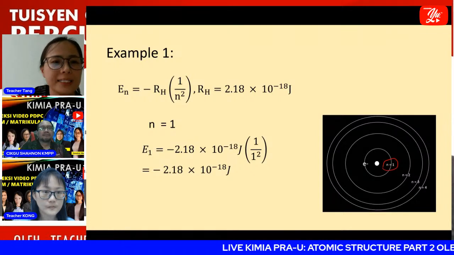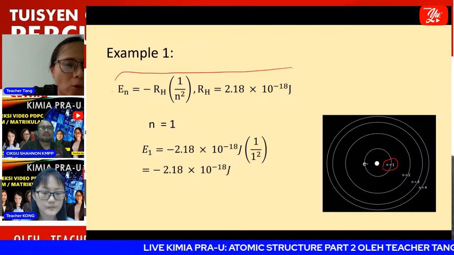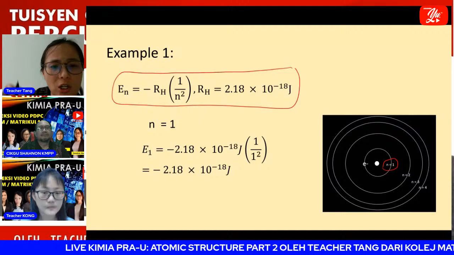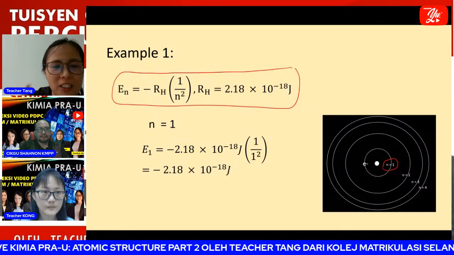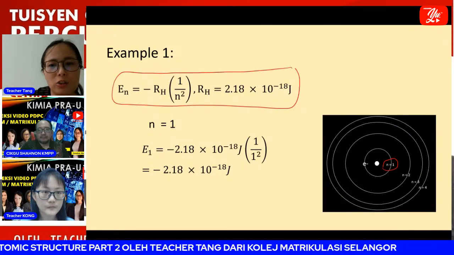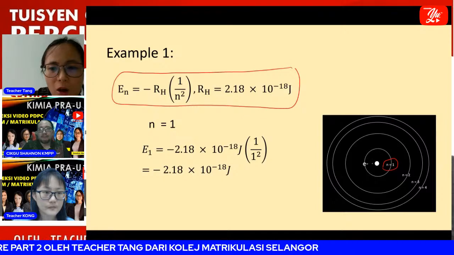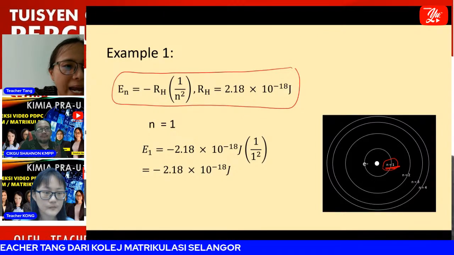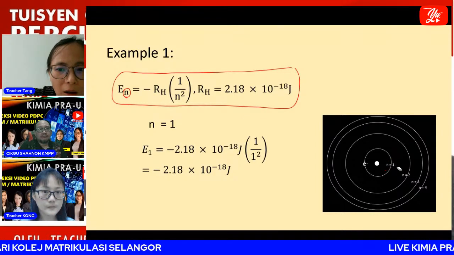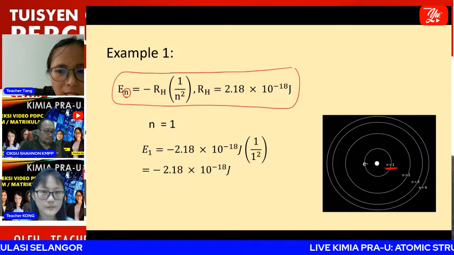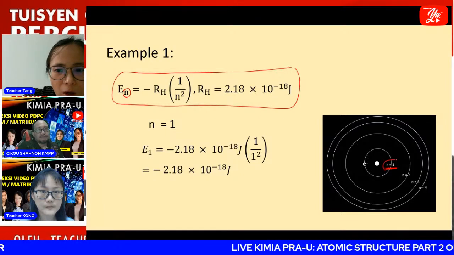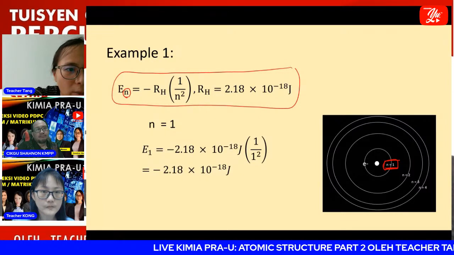We just need to use this equation. Bohr used this equation to calculate the energy of the electron at that particular orbit. The n here refers to the energy level or the orbit, so for the first orbit, n equals 1.